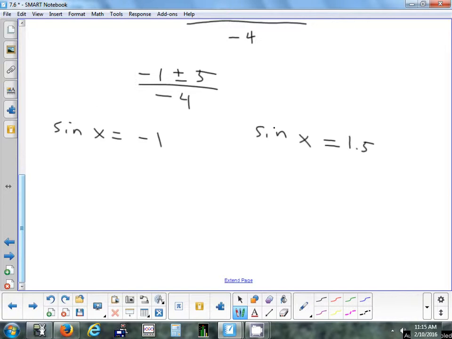So now they're asking me where sine equals a negative and where sine equals a positive. There are 2 quadrants where that happens for both. Where would I expect my 2 answers to be for sine of x equals a negative? Which quadrants? 3 and 4.